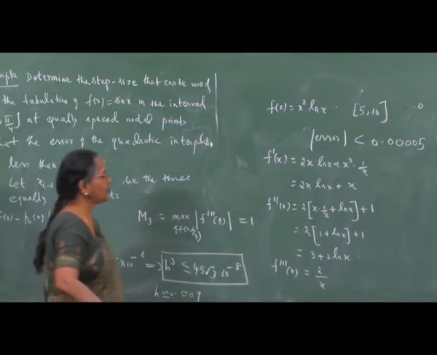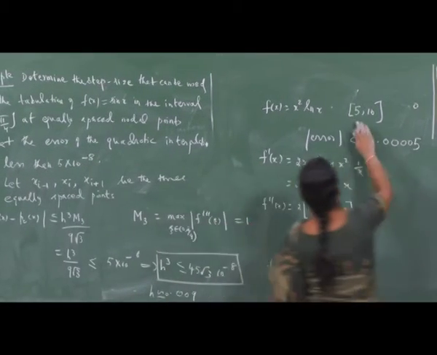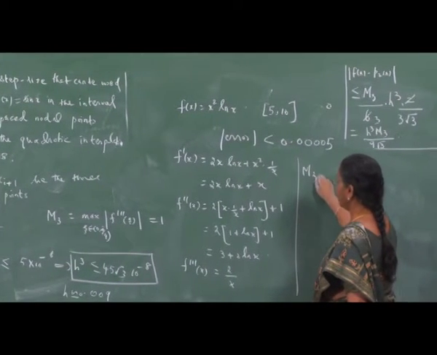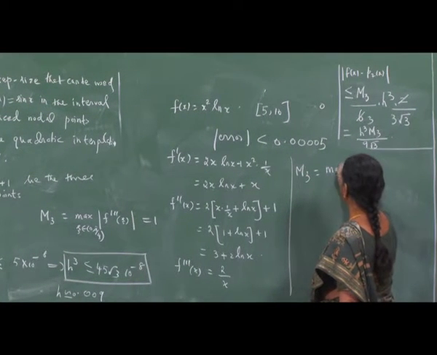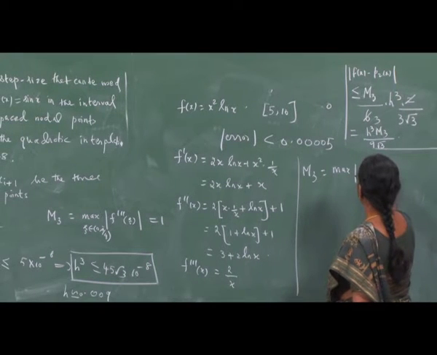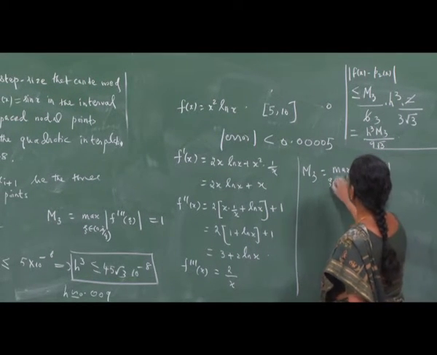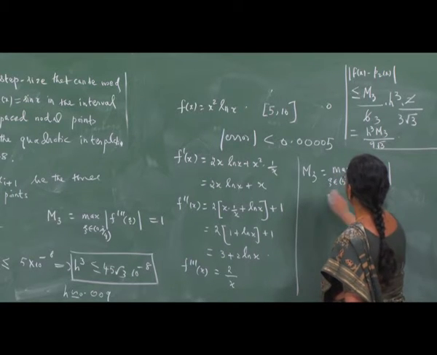Where does x belong to? X belongs to the interval 5 to 10. And what do I want? I want M3, which is the maximum of modulus of f triple dashed at psi, for psi in the interval 5 to 10.